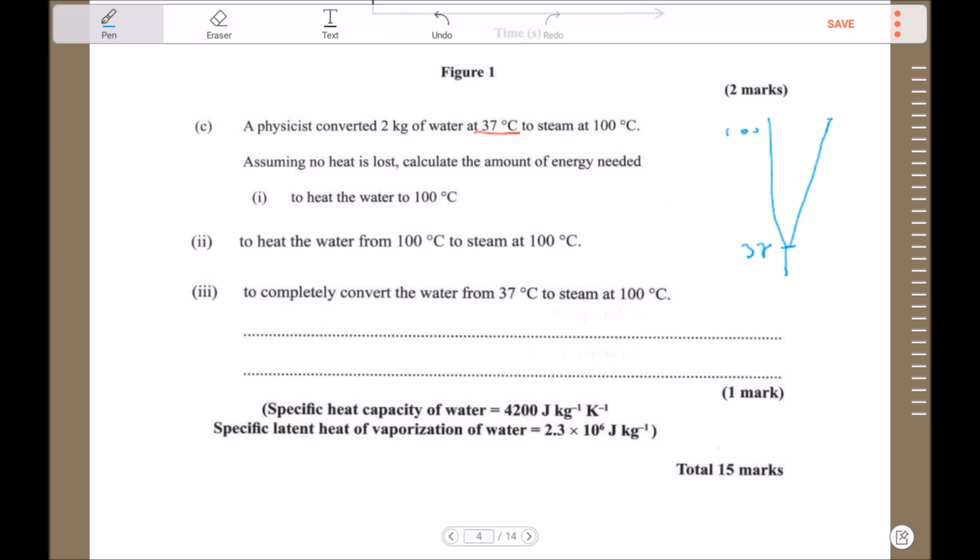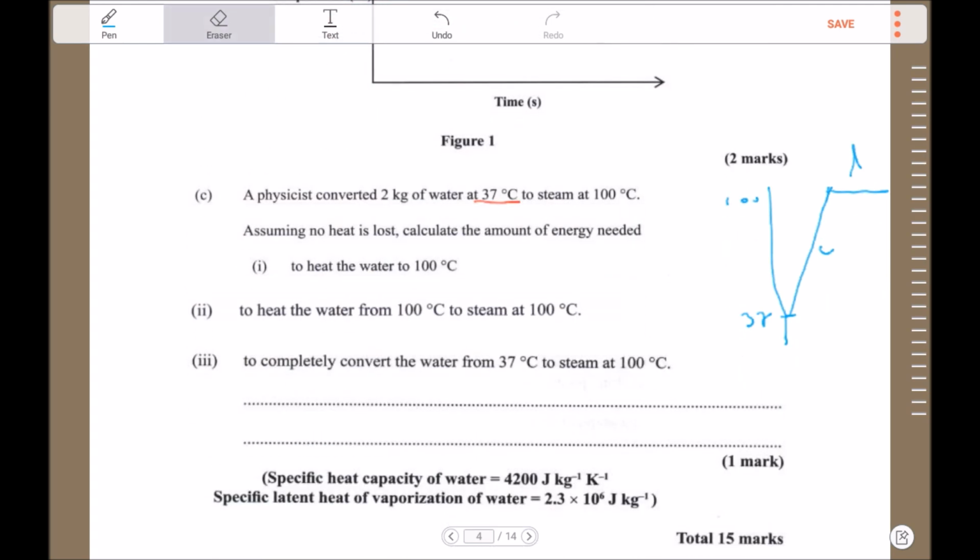We're still at water. Then at that 100 degrees now we're going to change to steam. So whenever we have a change in temperature, we use the specific heat capacity formula, and when we have a flat part, that's latent heat. So let's do the question now.